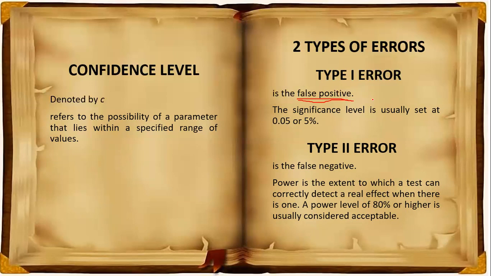So, false negative means not rejecting the null. You do not reject the null when it is actually false. Power is the extent to which a test can correctly detect the real effect when there is one. A power level of 80% or higher is usually considered acceptable.